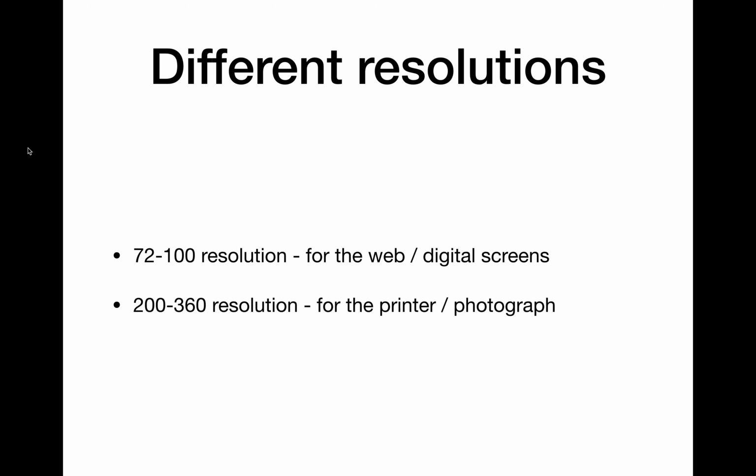However, the printer sees resolution very differently, and it needs a higher resolution in order to translate that information to dots. So when we're making our files ready to be printed, a good resolution is 300. 300 is a high enough resolution to translate all those pixels into enough dots that will make a beautiful photograph.